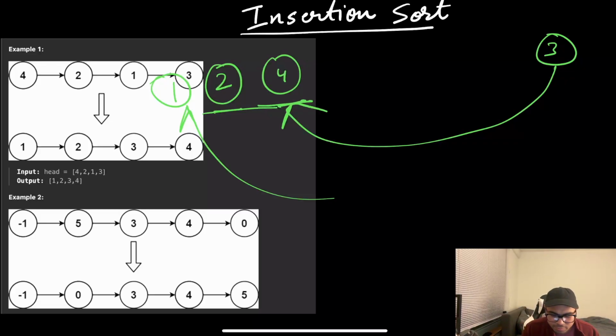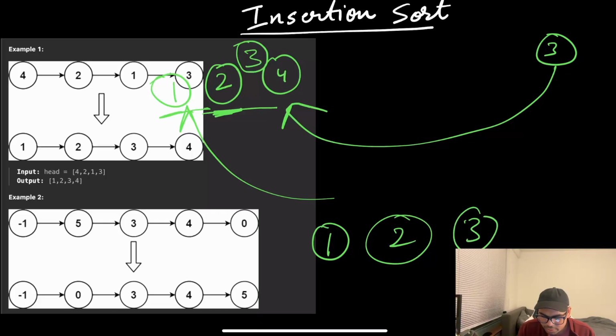We can do it from the beginning. Is 3 greater than 1? Yes, then we move forward. Is it greater than 2? Yes. Is it greater than 4? No, then its place belongs in the middle of 2 and 3. So now we have this sorted list here.